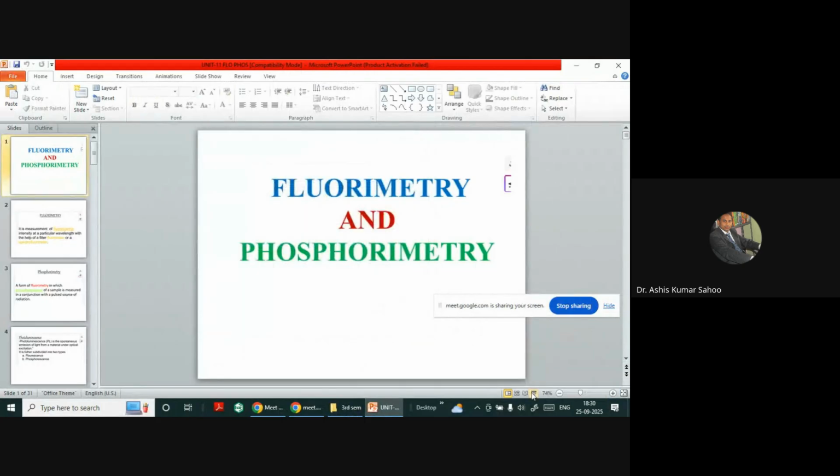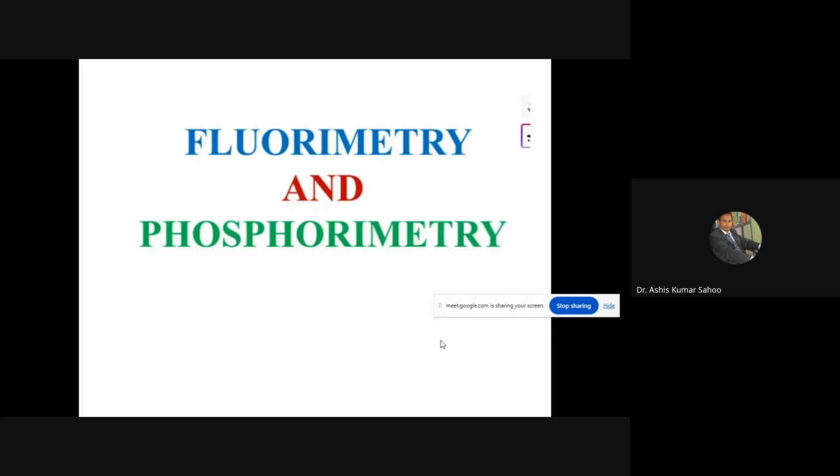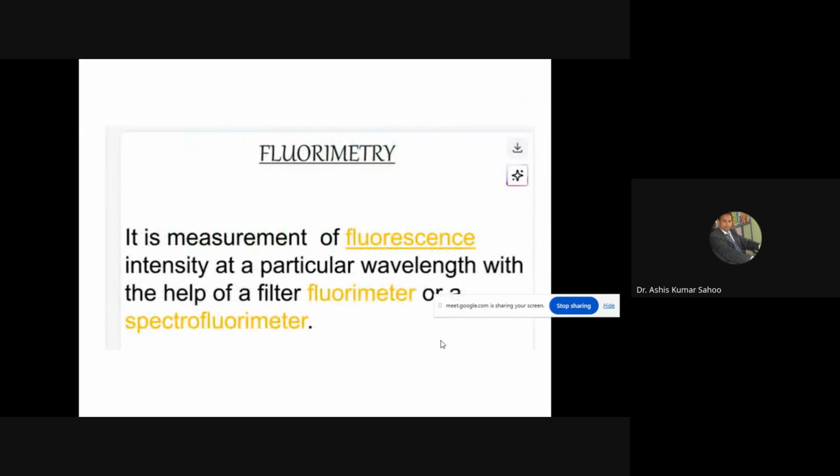So now we'll talk about colorimetry and fluorimetry. This is another spectroscopic technique used. What is fluorimetry?